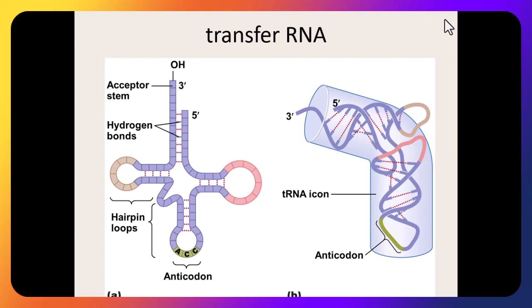So if the original strand had UGG, it knows, oh, UGG, well, ACC would match with that. So this is the correct transfer RNA to bring in the correct amino acid. It doesn't truly read it because it's not that evolved, but it has the 3 letters to match up with it.